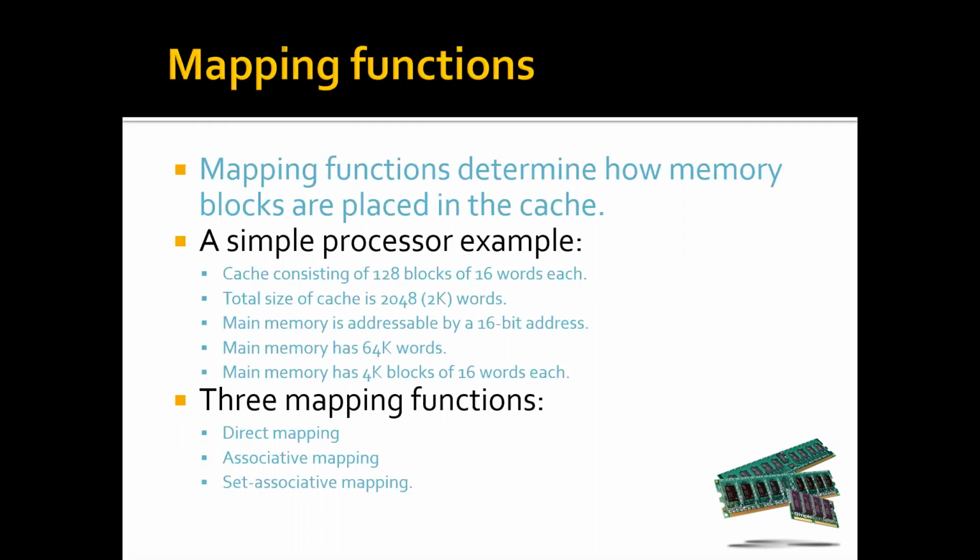Here it says the main memory is divided into a number of fixed size blocks, and the cache memory is also divided into a number of fixed size blocks. The block size of the main memory is equal to the block size of the cache memory. However, the number of blocks in the main memory may not be equal to the number of blocks in the cache memory.